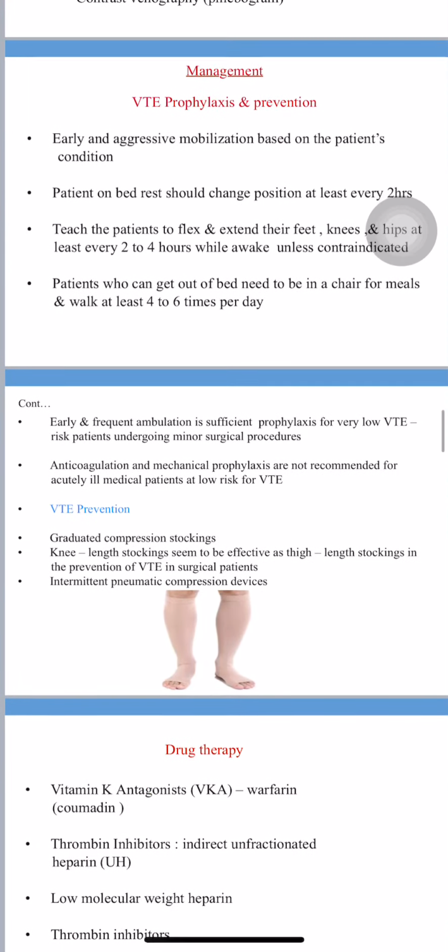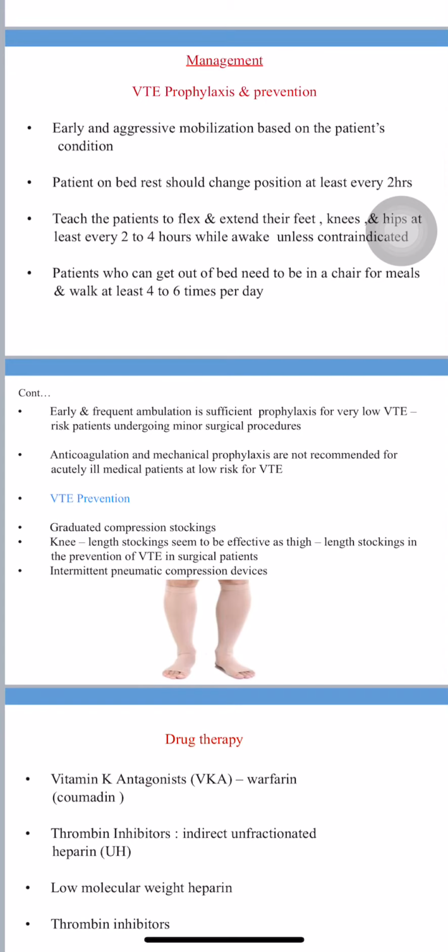Early and frequent ambulation is sufficient prophylaxis for very low risk patients undergoing minor surgical procedures. Anticoagulation and mechanical prophylaxis are not recommended for acutely ill medical patients at low risk for venous thromboembolism.